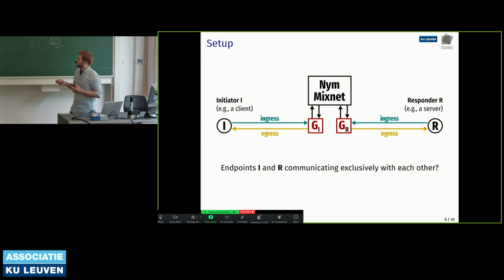These 2 endpoints both have an ingress flow direction, so anything that they send towards the Mixnet, and an egress flow direction, so anything they receive from the Mixnet. Just keep in mind because this will pop up later: ingress towards the Mixnet, egress from the Mixnet. And then the question we ask is, are endpoints I and R communicating exclusively with each other? If we can say this, just from looking at the packet metadata, we kind of de-anonymize this previously anonymized connection.